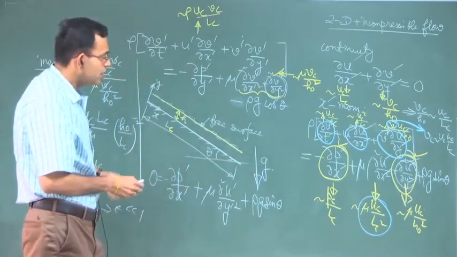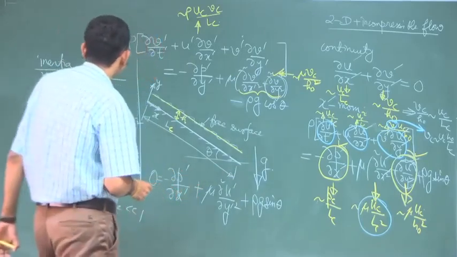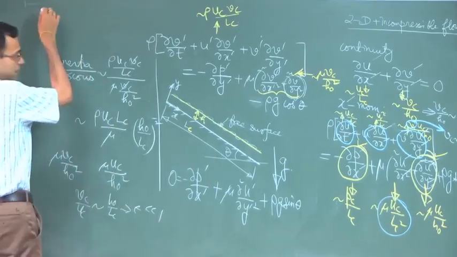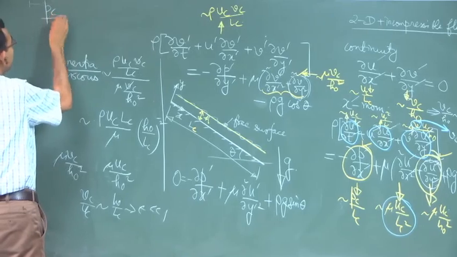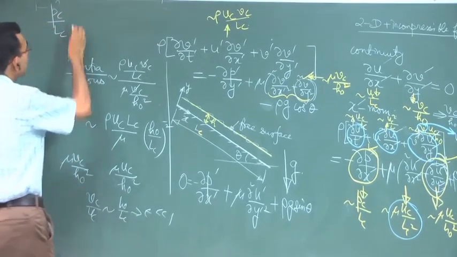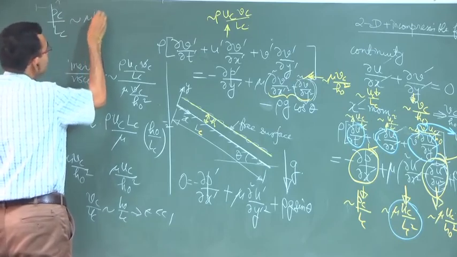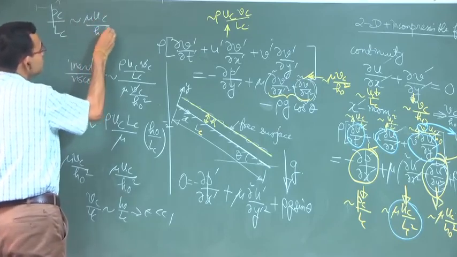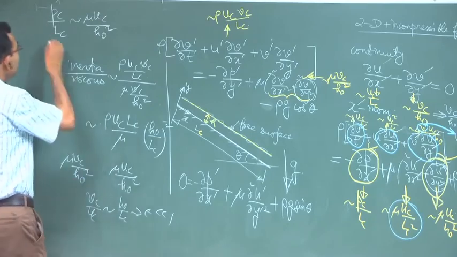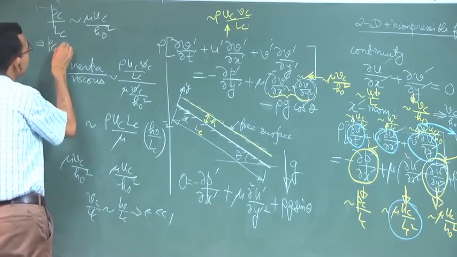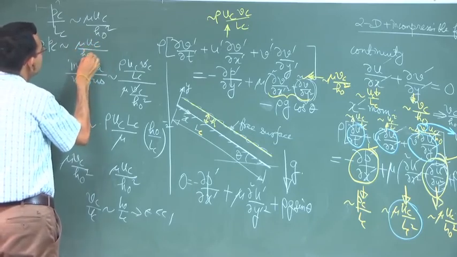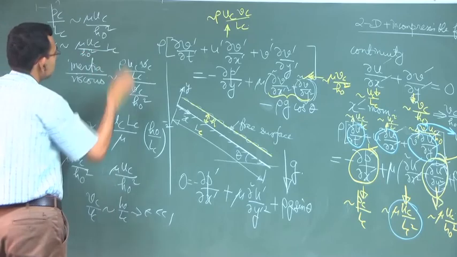So, that means you can write Pc by Lc is of the order of mu uc by h naught square, right. So, that means we can write Pc is of the order of mu uc by h naught square Lc.